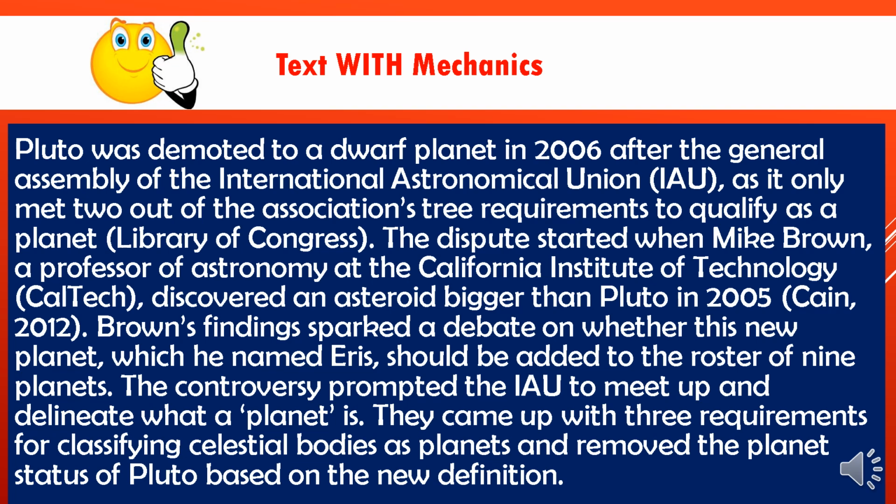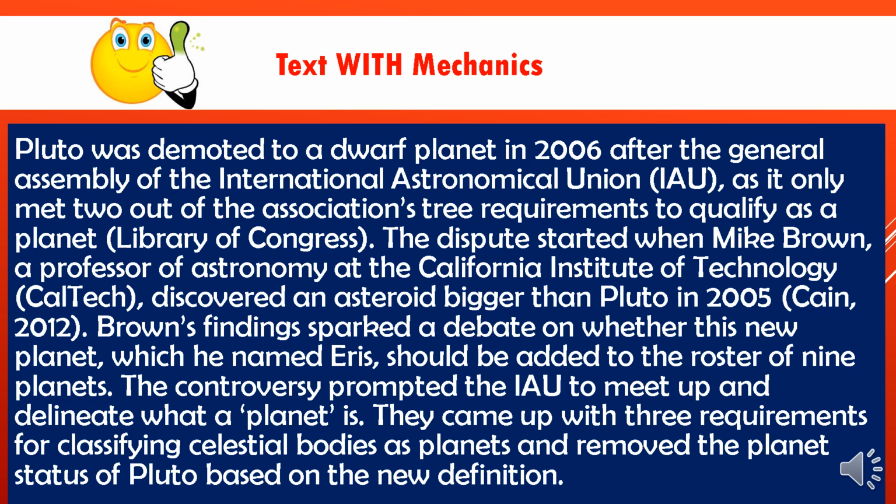Pluto was demoted to a dwarf planet in 2006 after the General Assembly of the International Astronomical Union (IAU), as it only met 2 out of the association's 3 requirements to qualify as a planet.